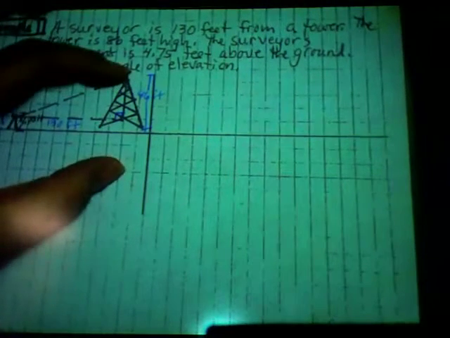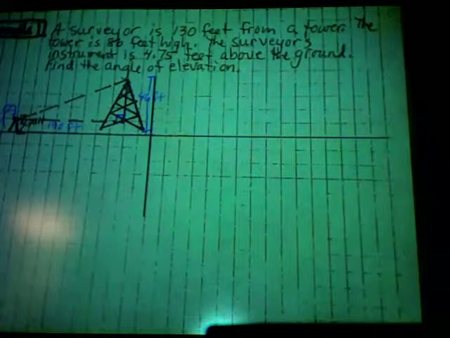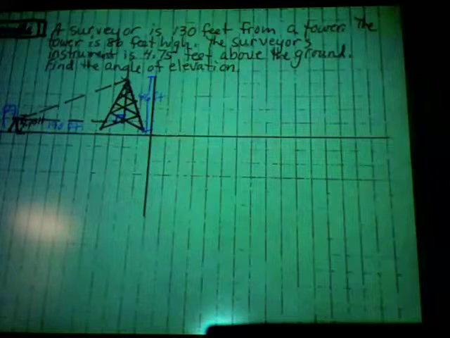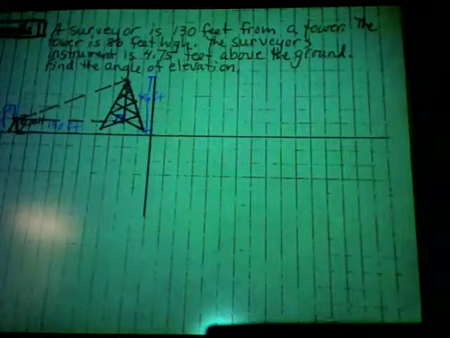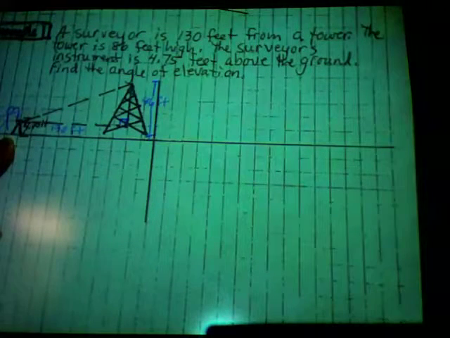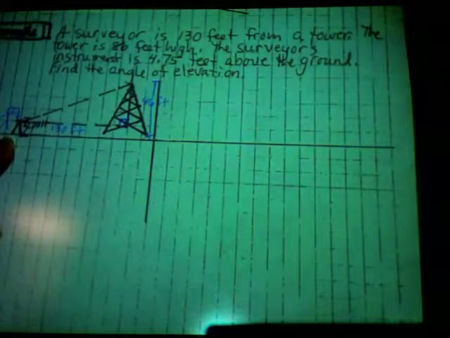Because it makes a difference in my calculation of the height of my object. If my line of sight is 5 feet off the ground or 4.75 feet off the ground, I have to account for that difference in height. Otherwise, if they don't mention anything about your eyes being 5 feet off the ground, you're going to have to assume your eyes are at your feet. Weird. But if they don't mention how high your eyes are off the ground, you're going to make that assumption.